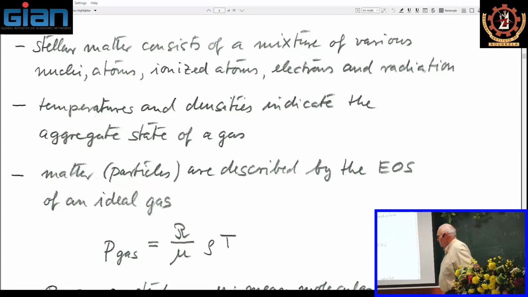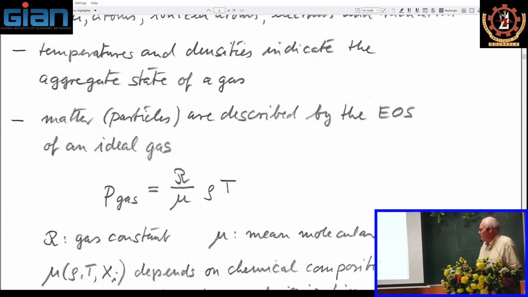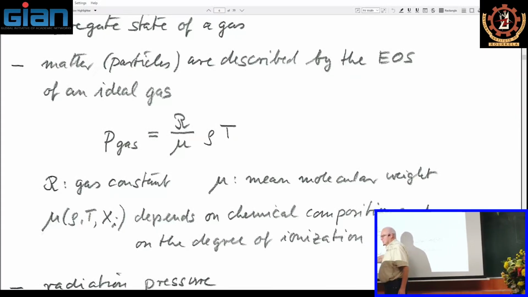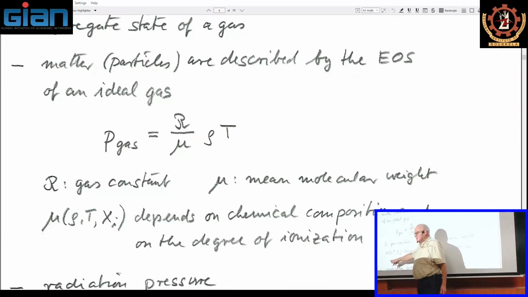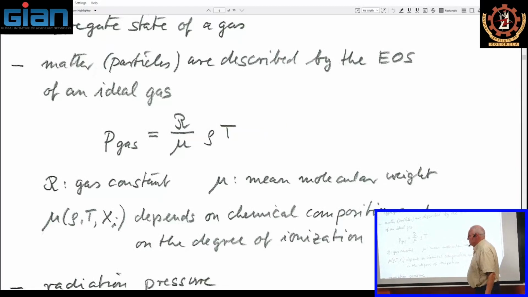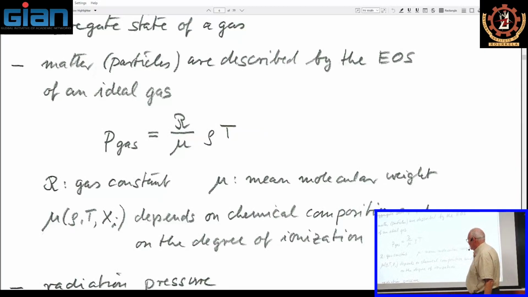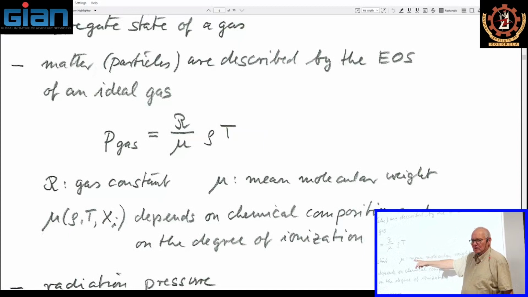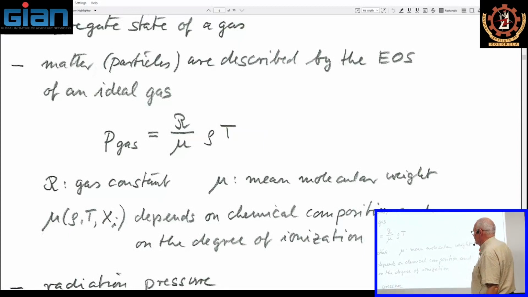So it's a rather complicated way to determine the mean molecular weight, taking into account all the ionization processes, and this mu itself depends on chemical composition, depends on the density, depends on the temperature, and it requires a lot of atomic physics and atomic calculations to get out the mu as a function of density and temperature.